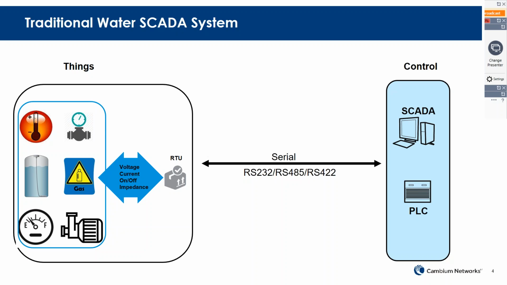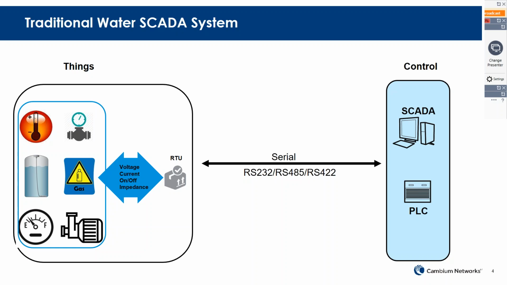For example, RS-232 can have a maximum distance of only 50 feet, which is very short. And so if you're doing that, that means that the RTU has to be very close to the SCADA master. So you cannot deploy a remote SCADA controller.